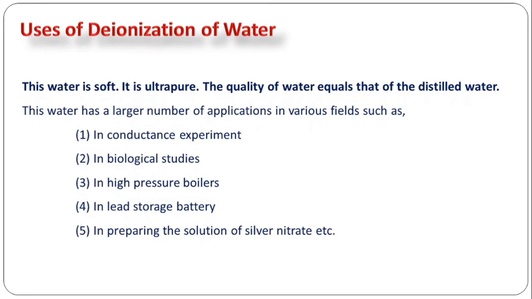So that will be useless for us, and the silver nitrate will be wasted. That's why the water used for making a solution of silver nitrate should be deionized or demineralized water. So these are a few applications of deionized water.